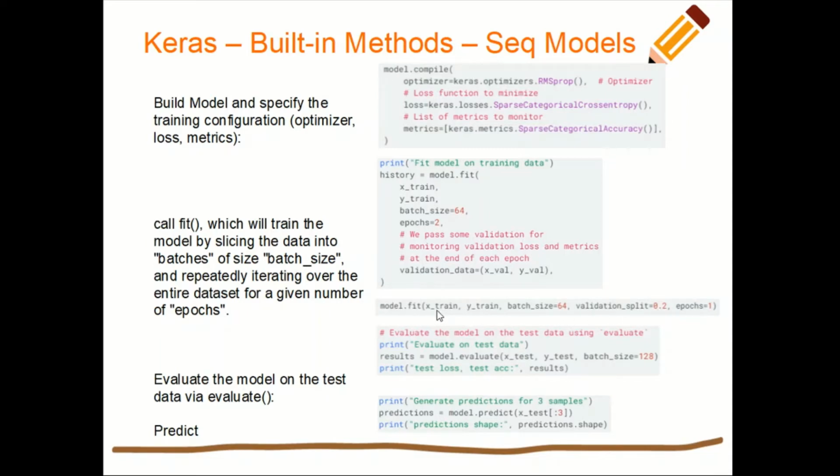Okay, so in this particular case, we are just giving the training data here, and we are saying that the validation split is 0.2. That means it is going to use 80% of the data for training and 20% of the data for validation. Here, as you note, we had created the validation data ourselves and fed it over here. Here we are just giving the training data and we are specifying the validation split.